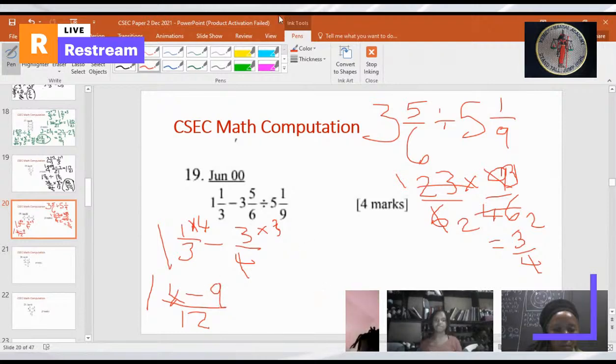Since we can't do that without getting our remainder, we're going to take a whole from 1. So 1 minus 1 is 0. And since the denominator is 12, it would be 12 over 12 to give you one whole. So 4 plus 12 is 16, minus 9, and that would give you 7 over 12.